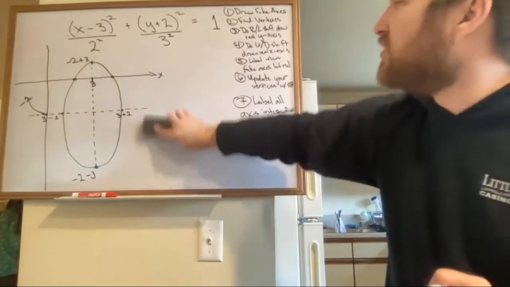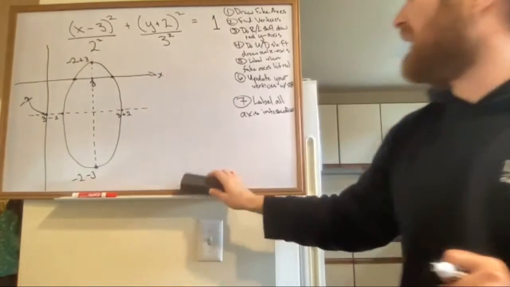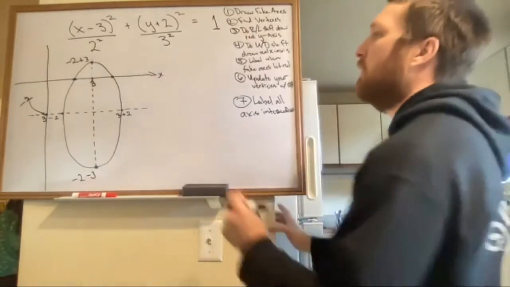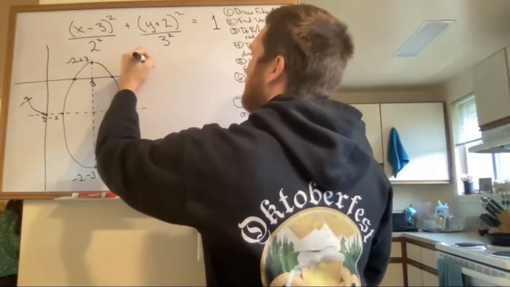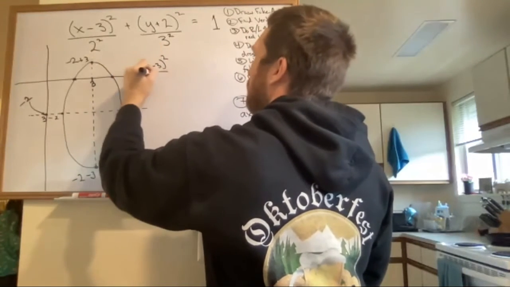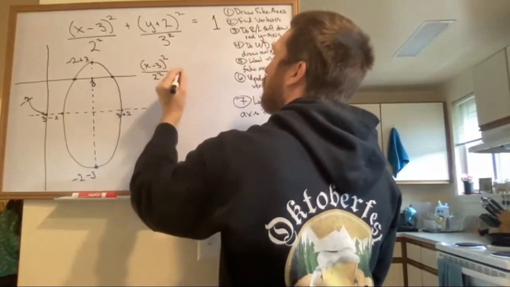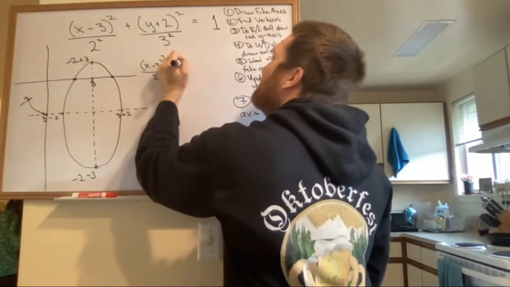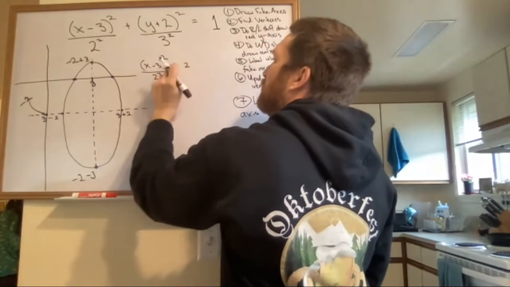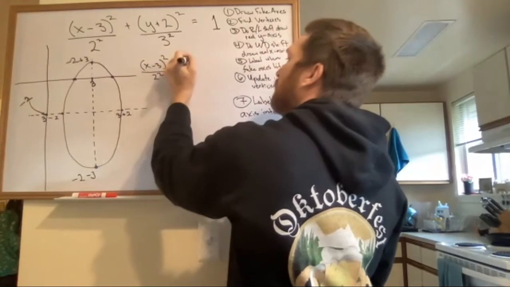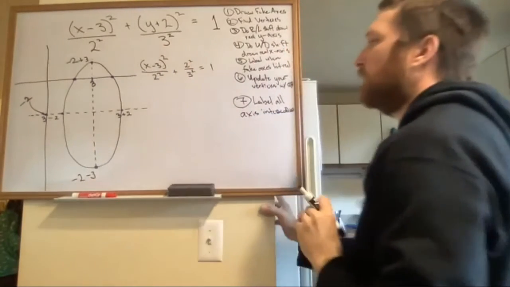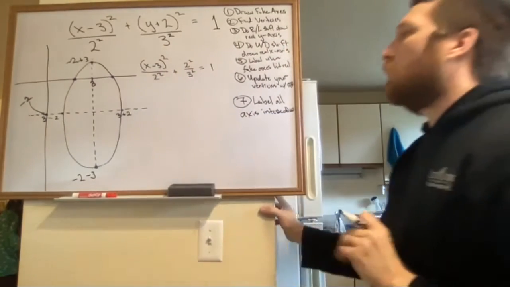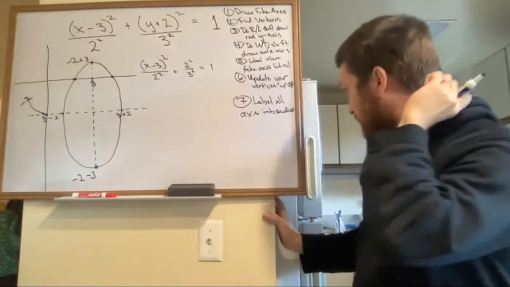So you just told me that to find those 2 points, I take y, set it equal to 0. So let's do that. I get (x minus 3) quantity squared over 2 squared plus 0 plus 2 squared, which is just 2 squared, over 3 squared equals 1. Now, I'm going to do this a certain way.